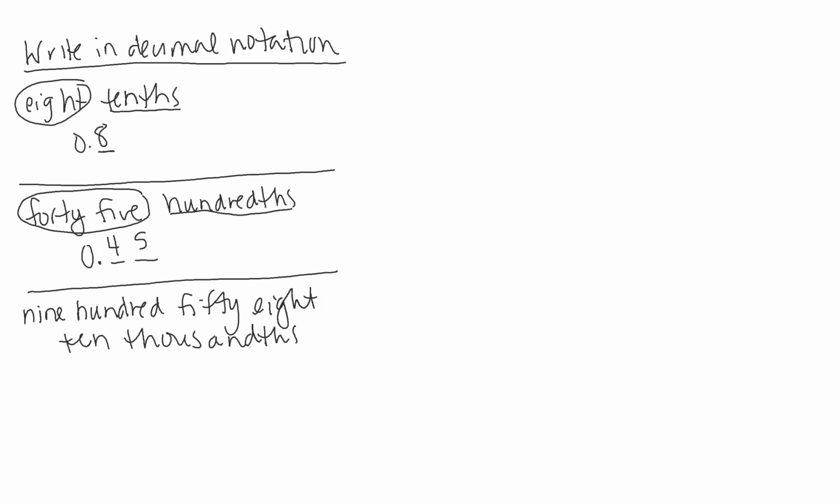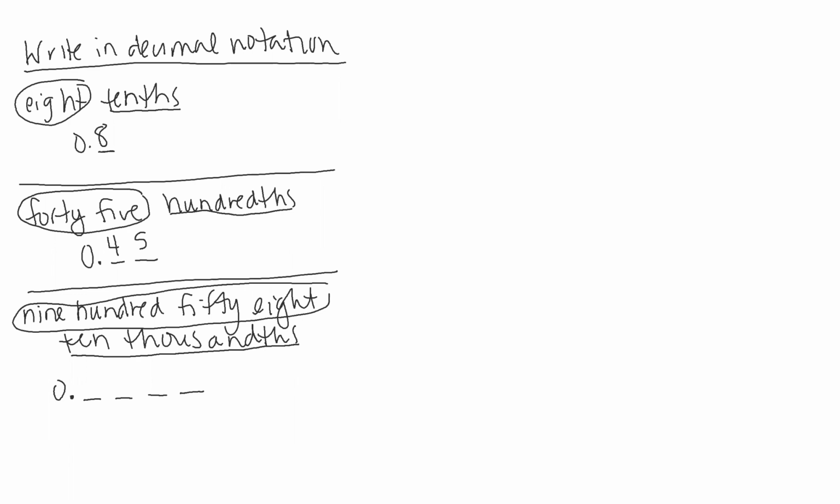So you can start with 0 point and then look at the place value and consider it as a power of 10. So we're in the 10,000ths place. How many zeros are in the power of 10, 10,000? Well, 4. All right. And this right here, 958, is going to fill in those decimal places.